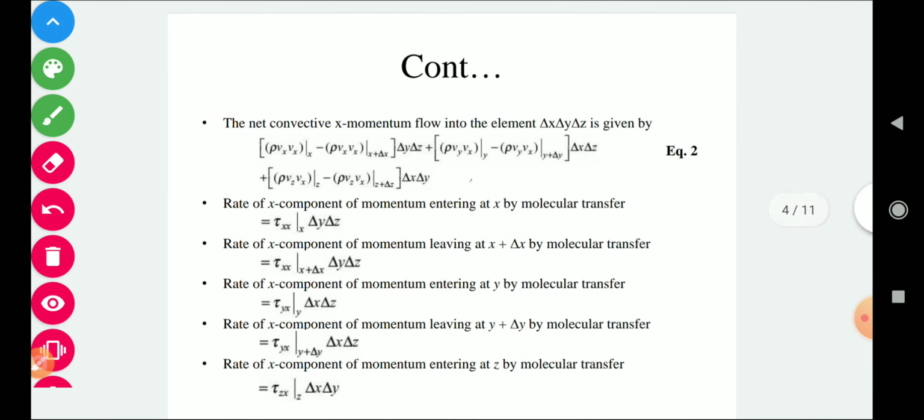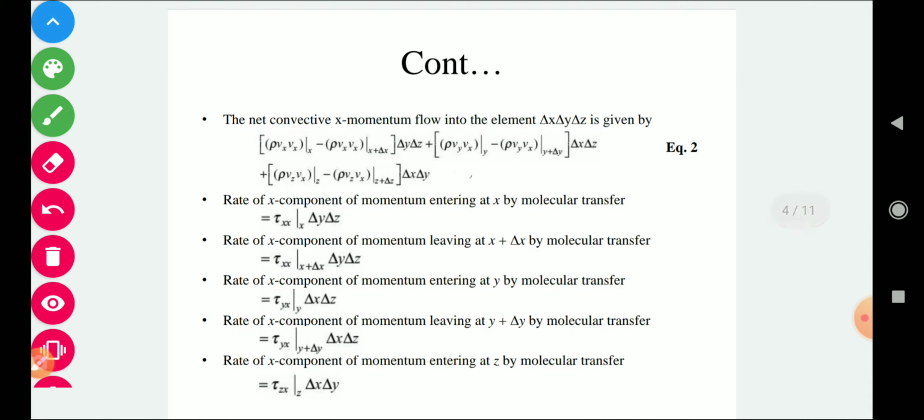So the net convective x momentum flowing into the element delta x, delta y and delta z will be equal to, so we need to sum up all previous equations. So this is convective x momentum flowing into the controlled volume. This one is in y direction and this one is in z direction.